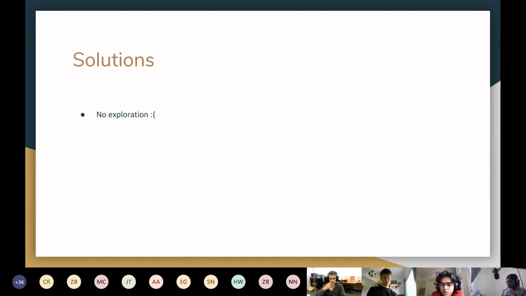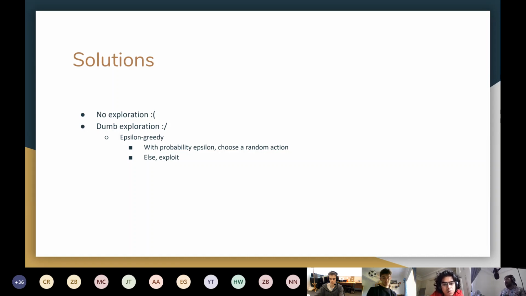A slightly more sensible strategy is what I'll call dumb exploration. The idea is that at every step, with some probability, I'm going to just pick a random action. Otherwise, I'll just pick the best thing.